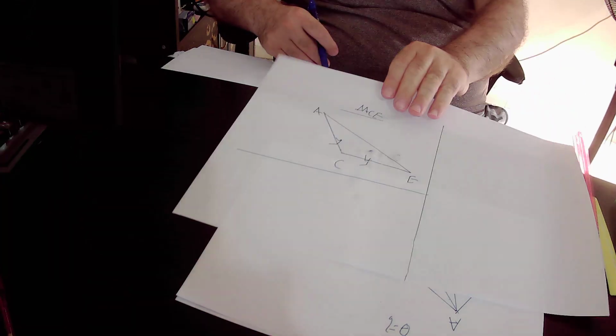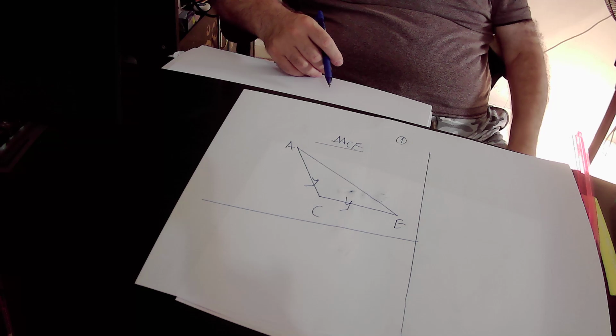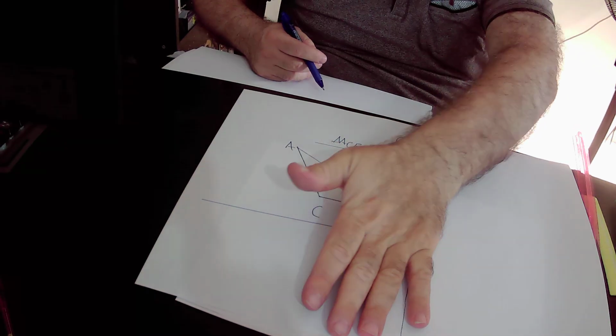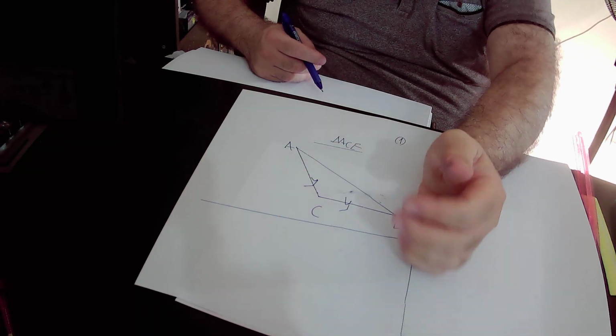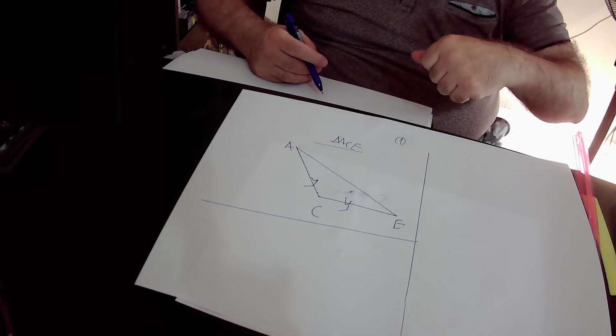So this is triangle ACE that I copied from the original drawing.